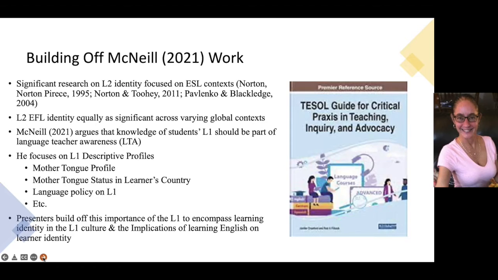If learners share with us through profiles or through activities that you design in your classroom to better understand their L1, then you're understanding how their L1 informs their identity. And that's going to intersect with how they negotiate coming to identify their own identity as an English learner or English speaker.